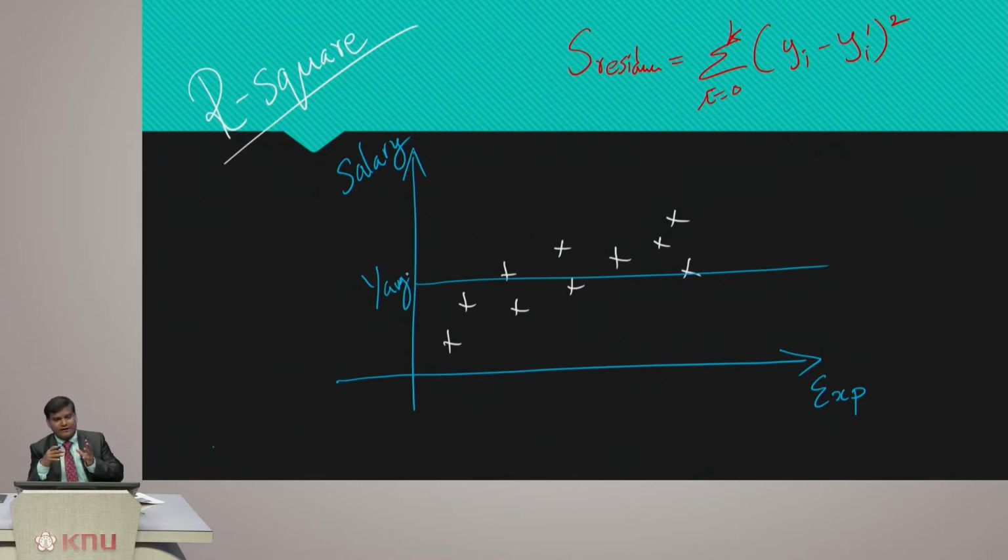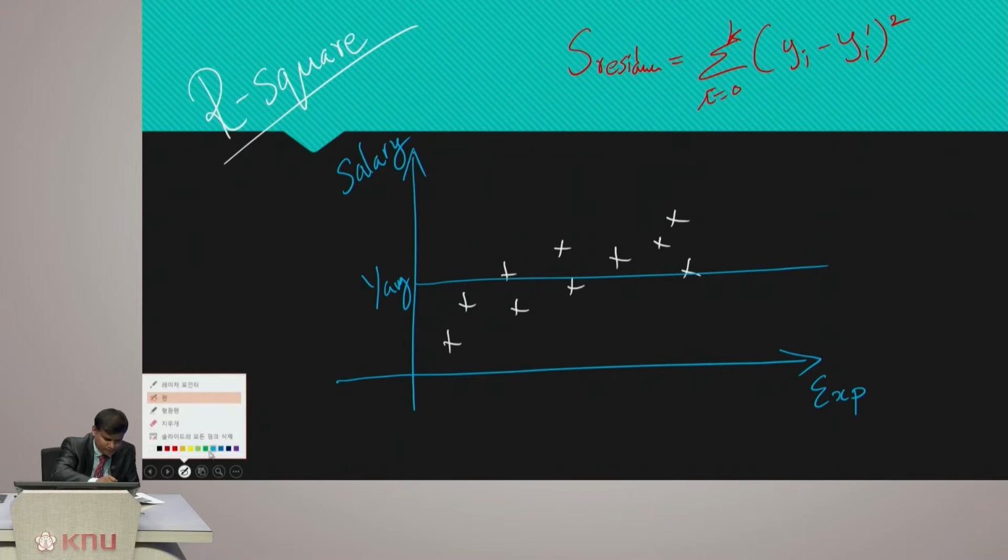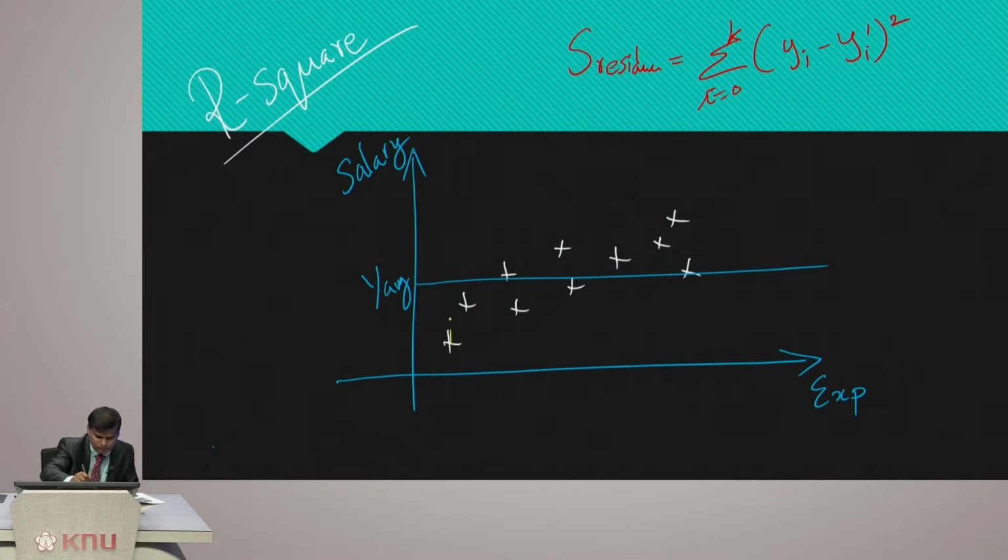In other words, it is the average salary. You are drawing the line for the average salary, and now we are trying to compare all observed values with respect to the average value. These points are all observed values, and you are going to compare them with the average value.